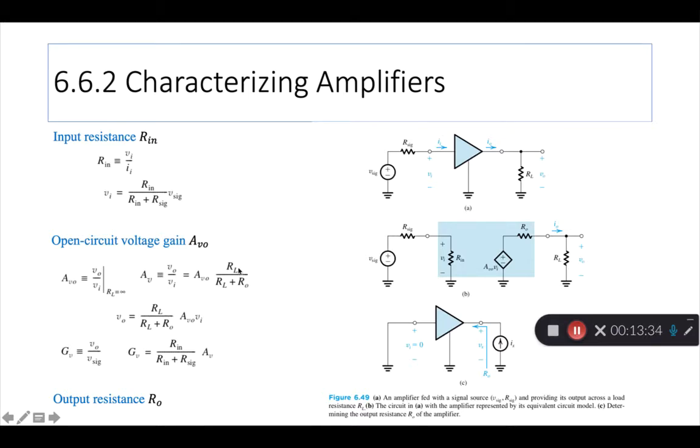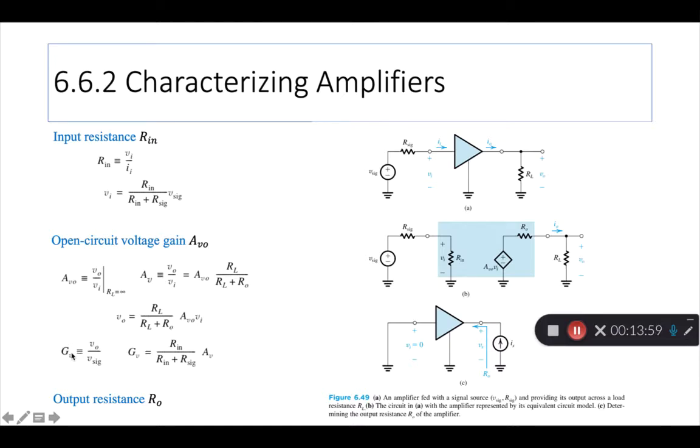This will always be less than 1, right? So this factor gives you the voltage gain, AV. Now we can write the output voltage VO in terms of AVO in this form. This is used in some problems, so I'm showing it to you here.